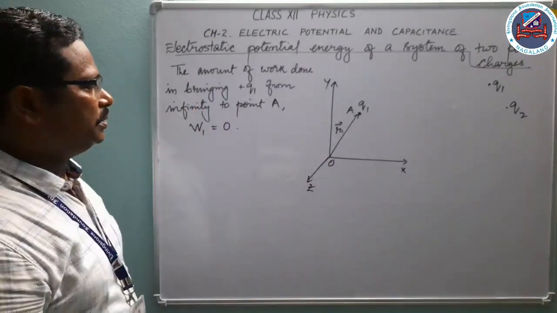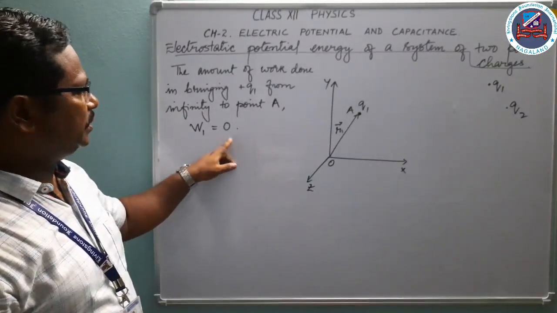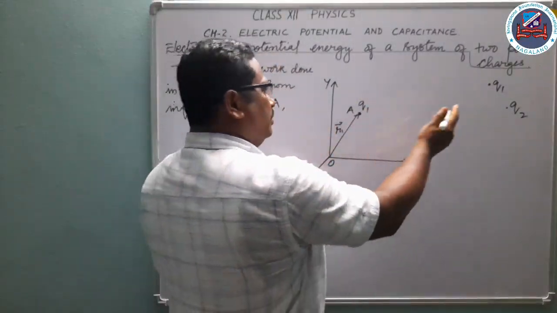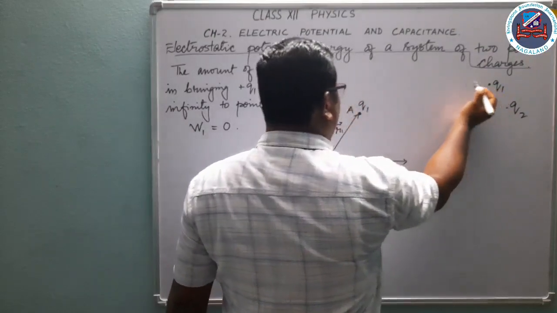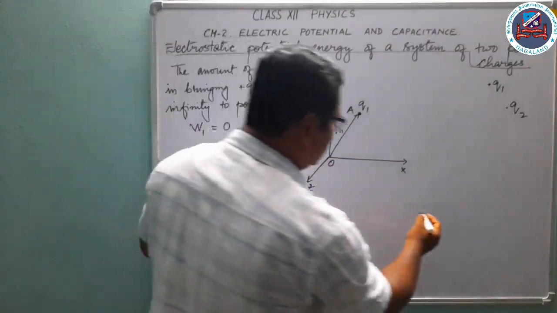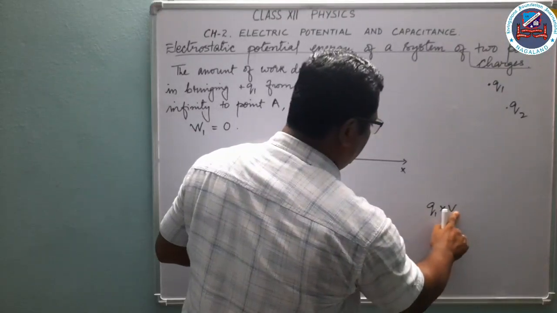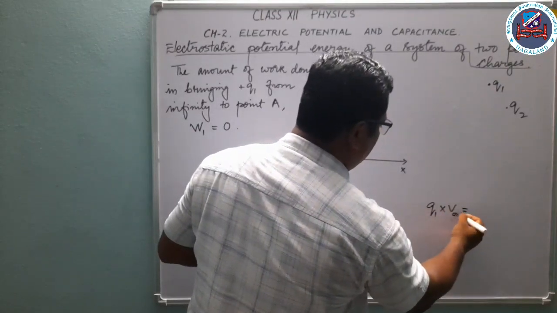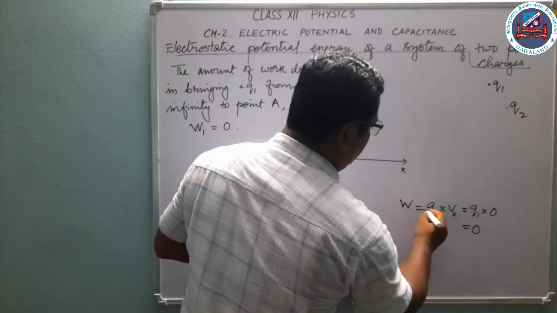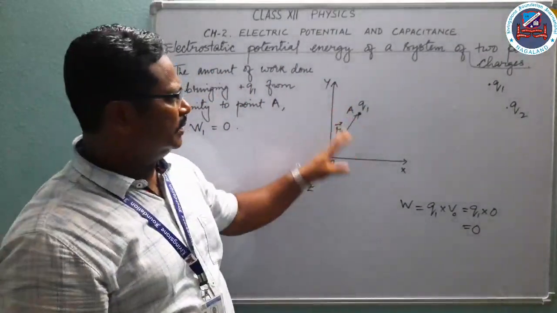Why will it be 0? Because work done is potential into charge. Well, when there was no charge here, when you are bringing this charge from infinity to this point, it was empty. So charge Q1 you brought and potential was not there initially. So this value was 0. So ultimately the work done will be 0 when there is no other charge in the vicinity near the xy plane.